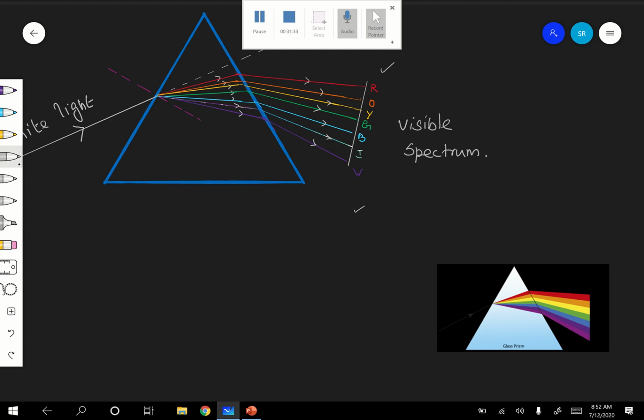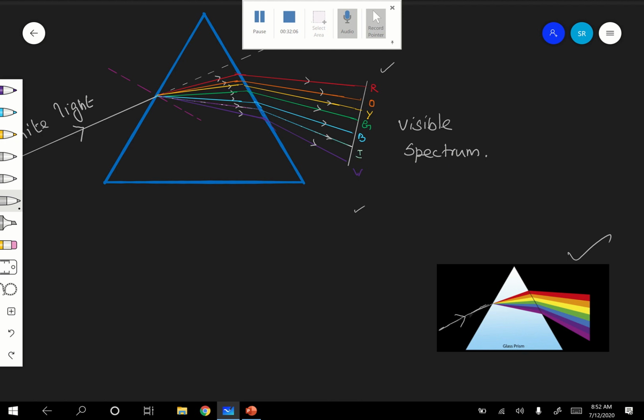So this is the band of colors you are getting, right from red to violet. So this is the visible spectrum. Actually, the white light is not shown properly here. The white light goes in and it will undergo dispersion. Okay, right.